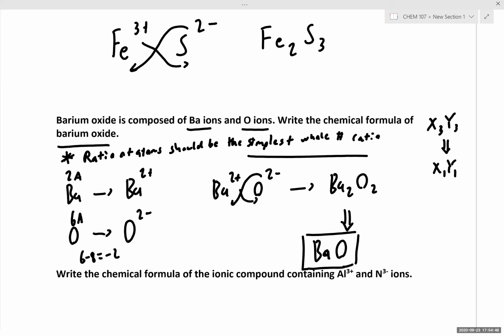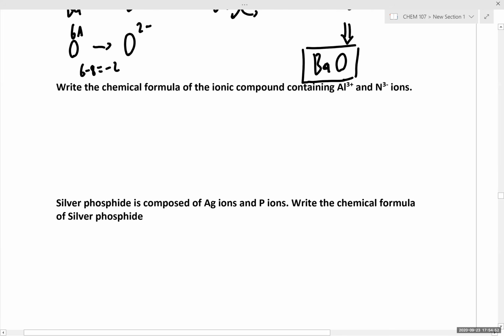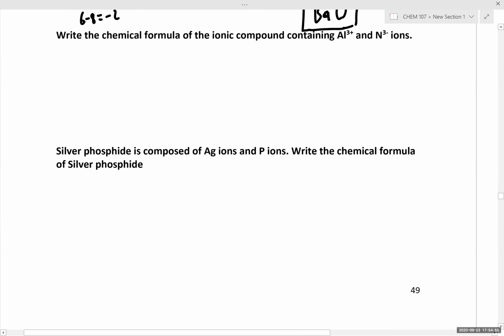If not, let's work on another pair of examples. And for this second example, I'd like you to try to remember your fixed charge transition metals.